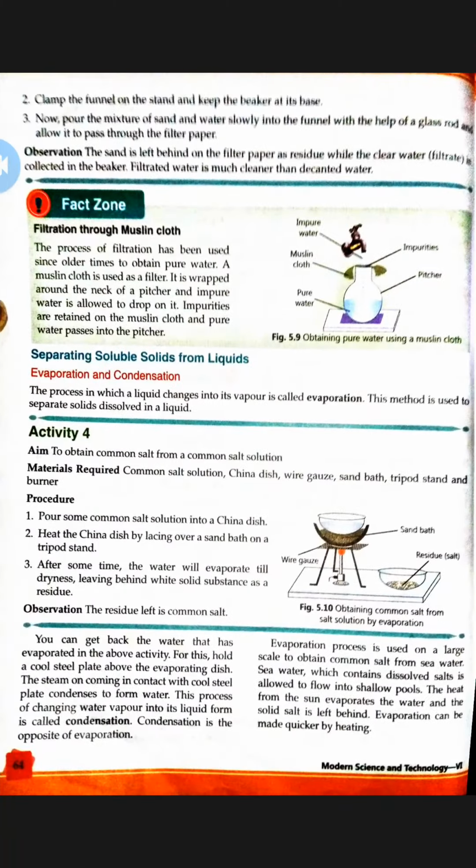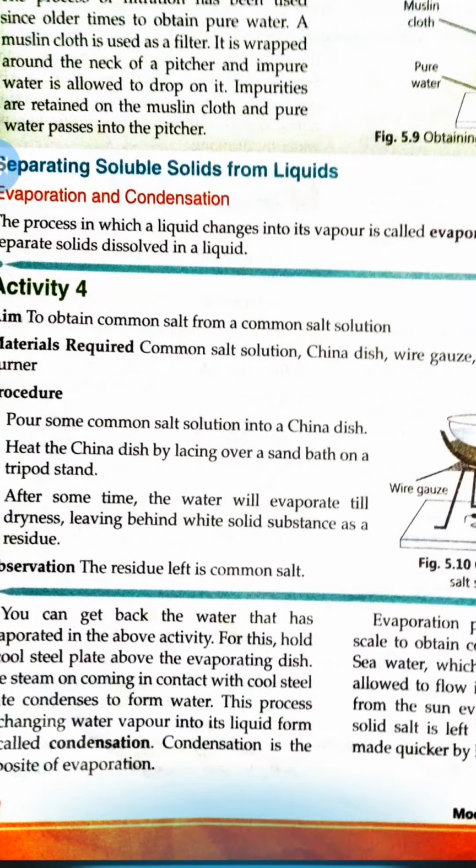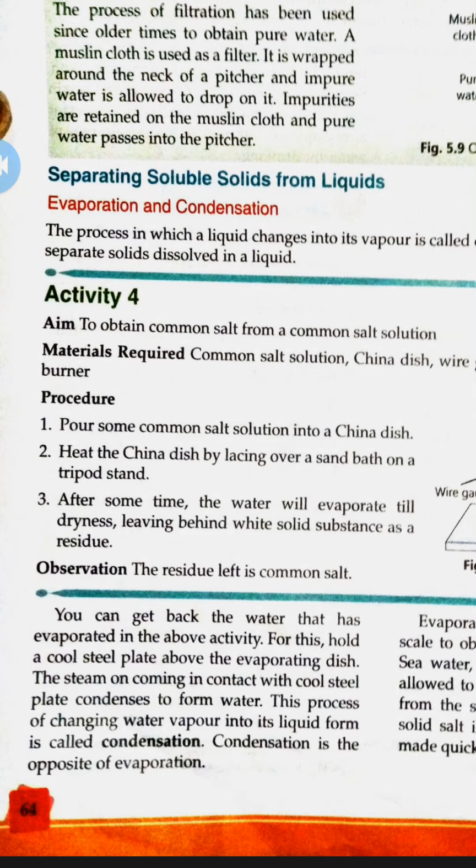Now you can get back the water that has evaporated in the above activity. How will you get it back? For this, hold a cool steel plate above the evaporating dish.